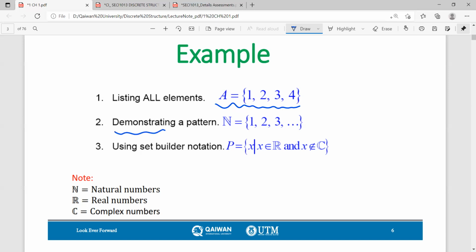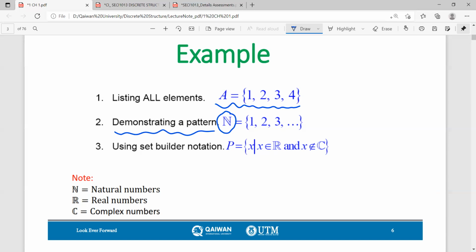And also, it could be written by a pattern. The set of natural numbers, this N denotes the natural numbers, and the natural numbers is the set starting from 1, 2, 3, 4 up to infinity. Only the positive ones.